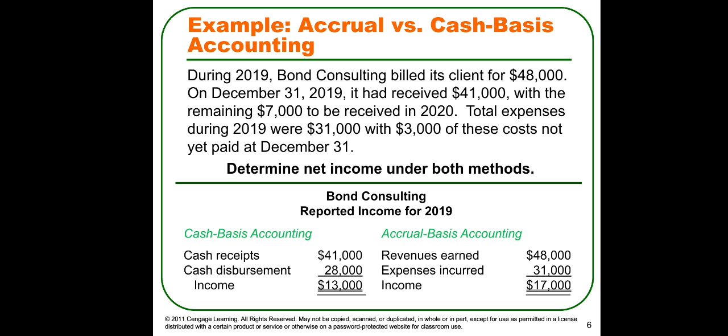Because during the year the business has provided services of $48,000 to clients. And expenses are $31,000. Why $31,000? Because during that year the business incurred expenses with the value of $31,000. So according to accrual basis accounting, the profit is equal to 17,000.